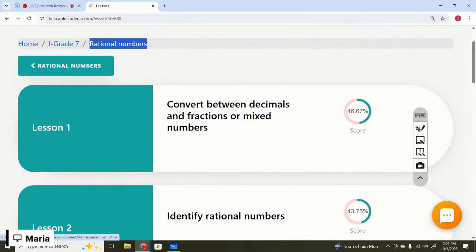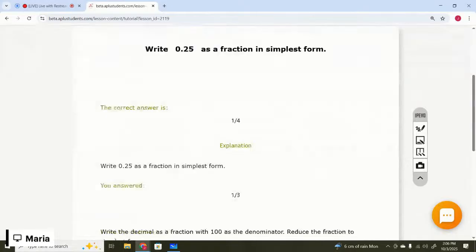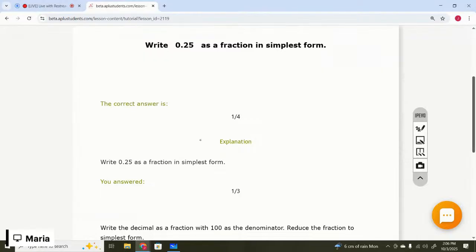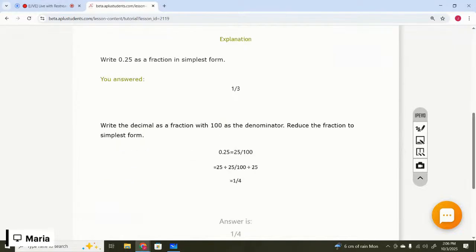Let's just start with the first lesson, that is convert between decimals and fractions or mixed numbers. Write 0.25 in simplest form. So we need to write down 0.25 as a fraction. The first thing you need to do is write it in fraction form.